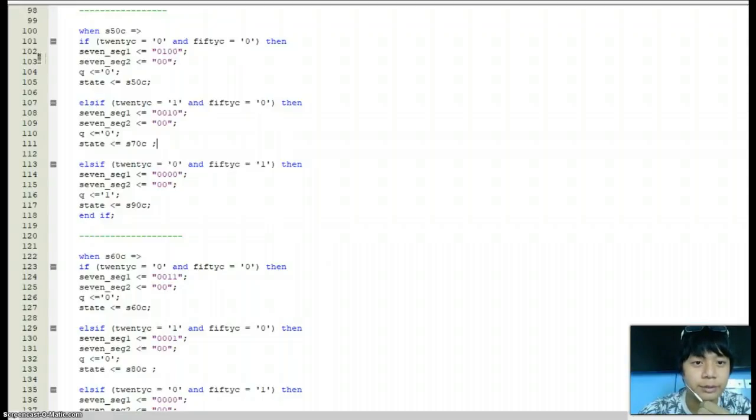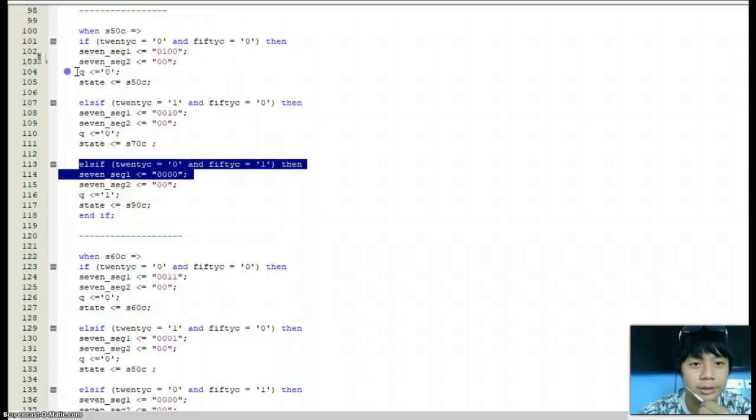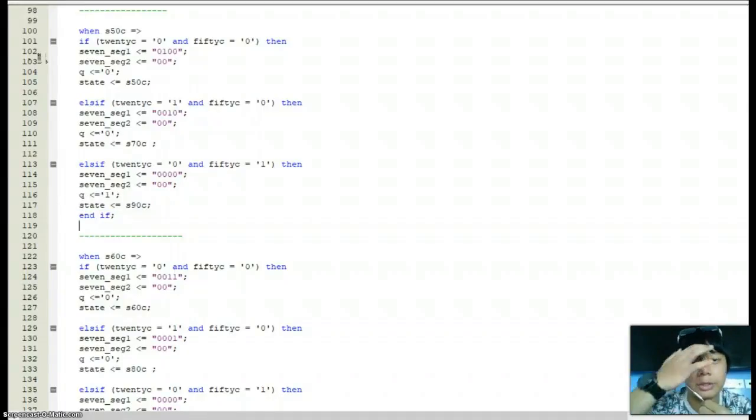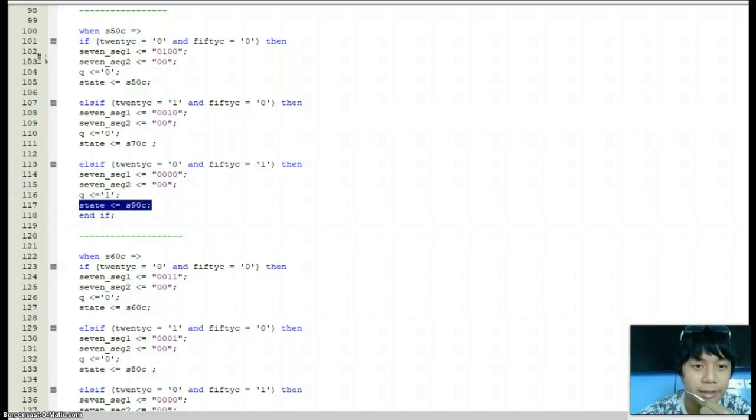If we want to put in 50 cents, it will be this state here, and it will show 0 on the counter because we have exceeded state 90. 50 plus 50 cents is $1, and we don't want to show $1 because our maximum is 90 cents input. So it will go straight to state 90, and on the 7 segment display, it will show 0.